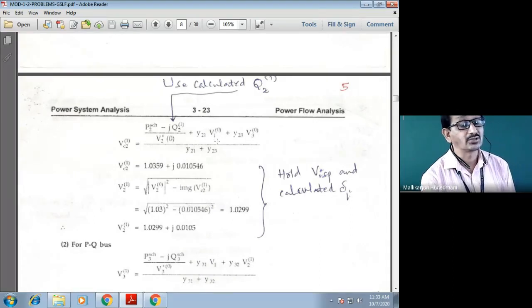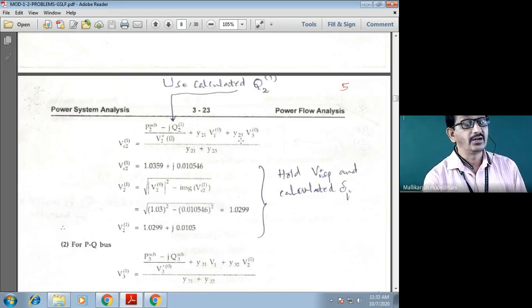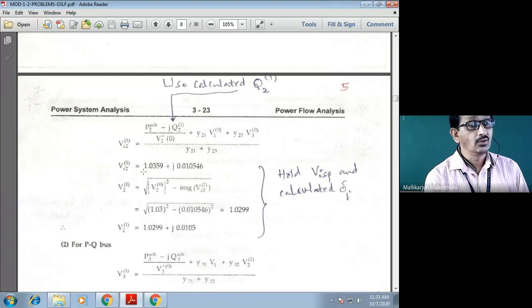V1 is the slack bus voltage, whatever is mentioned directly. And the element between 2 and 3 into bus 3 voltage, which is 1 angle 0, divided by the diagonal element. If I take the product, I will land with the answer 1.0359 plus J 0.01546.